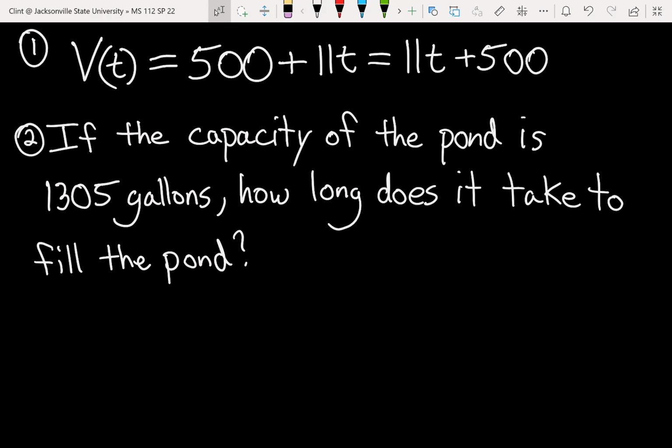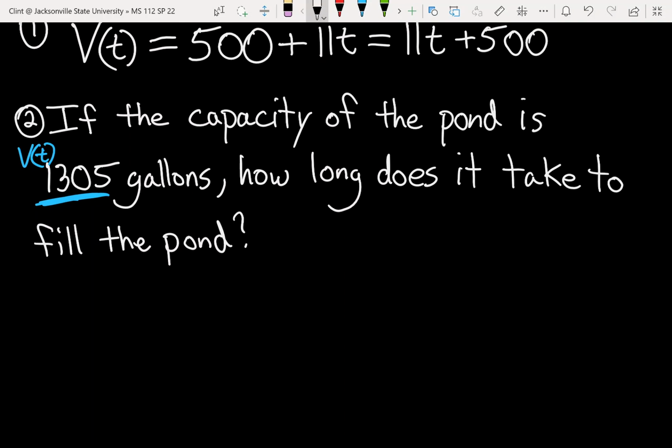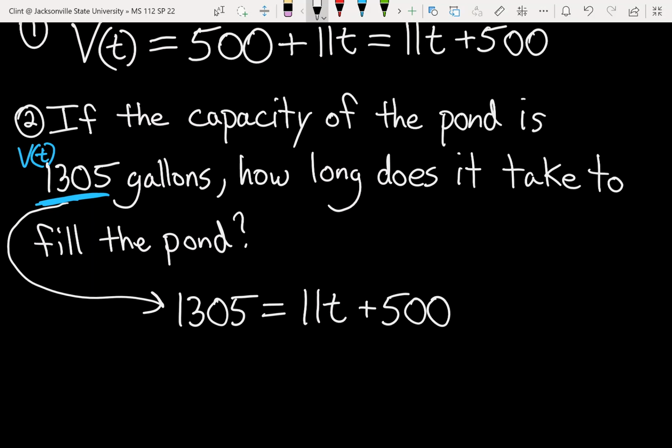So to set this thing up, this number is going to be what we put in where v of t is. So we'll have 1,305 equals 11t plus 500. So this part goes here.